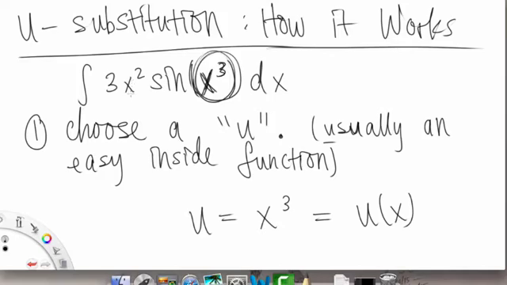And you'll find that choosing some u's makes it a little bit harder. And there's usually a right choice for our u. Like if we chose this, that would not be good. So we're going to choose this x to the third right away, okay? All right, so the next step, once you have chosen your u, what we're going to do is find what's called du.